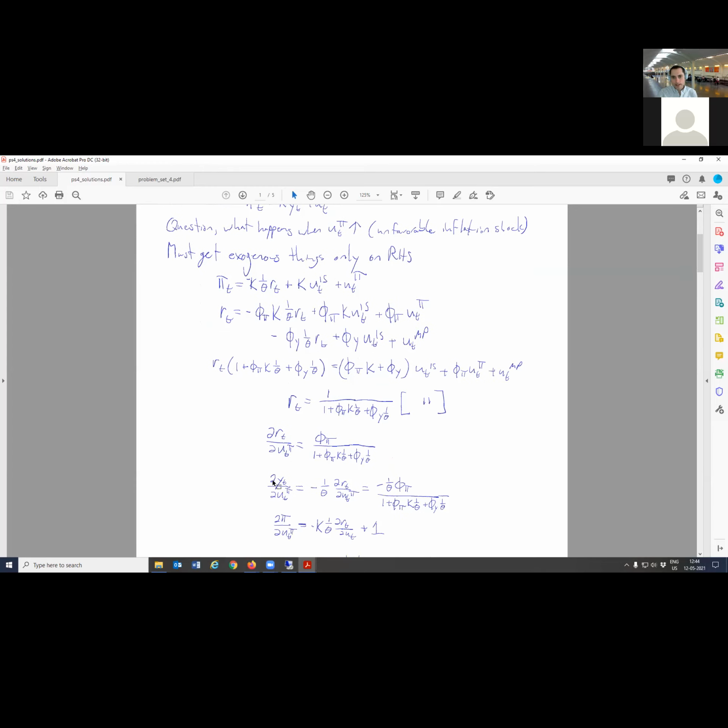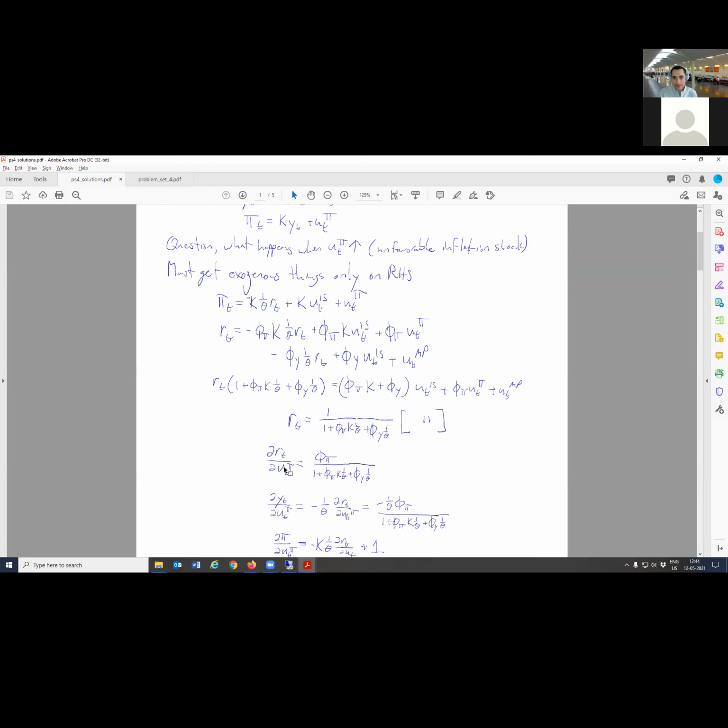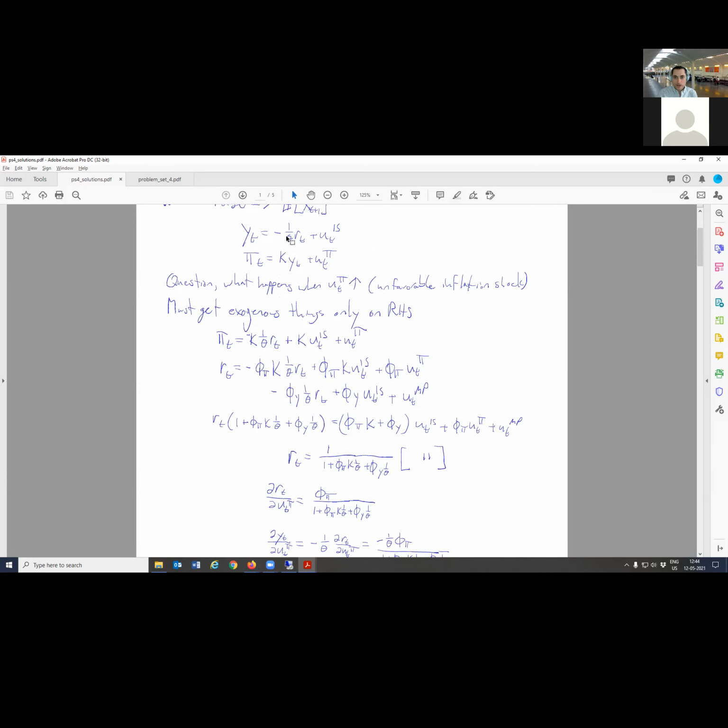All right, so then let's look at the effect of this inflation shock on y t. If I look at the definition of y t, you can see it's got an r t in it and then a u t in it. So the partial derivative of y t with respect to u t pi is just going to be negative 1 divided by theta times the partial derivative of r t with respect to u t pi.